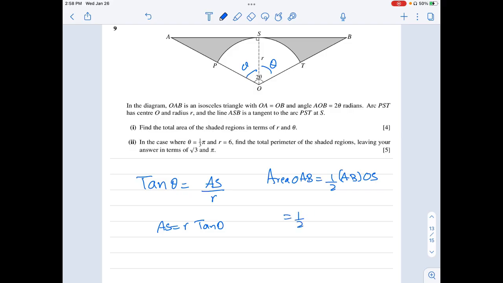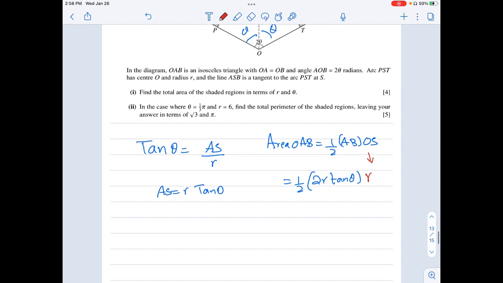Base AB is 2R tan theta, because if AS is R tan theta, SB also will be R tan theta. And OS is nothing but R. 2 gets cancelled, R square tan theta. It is the area of the triangle.